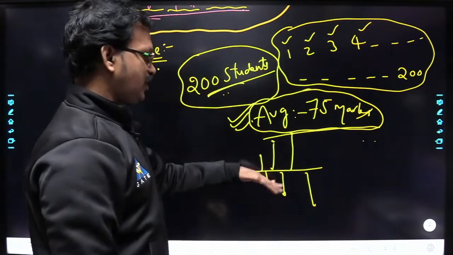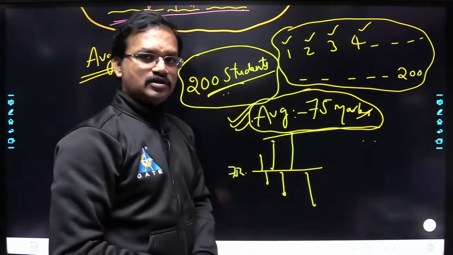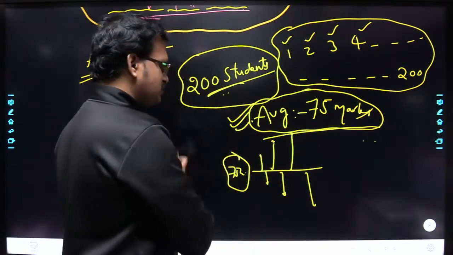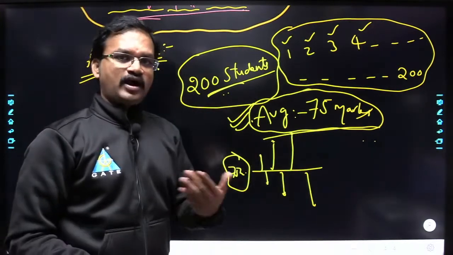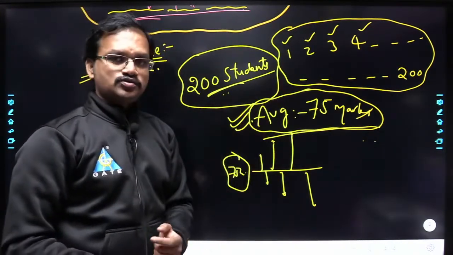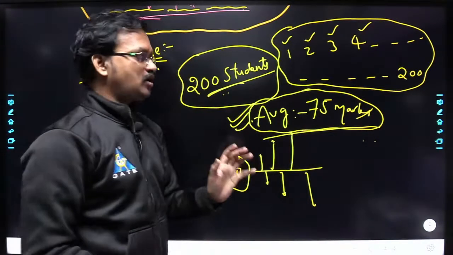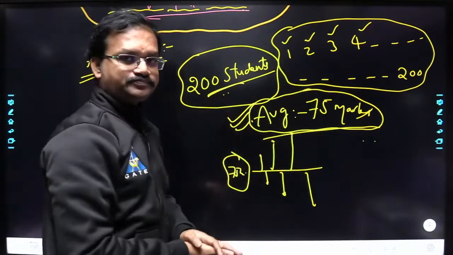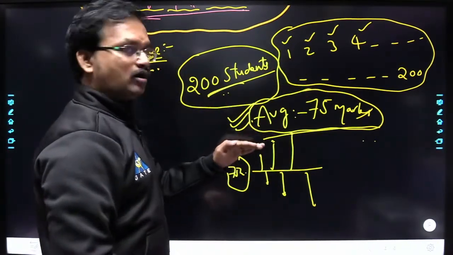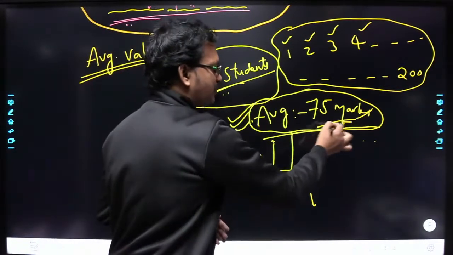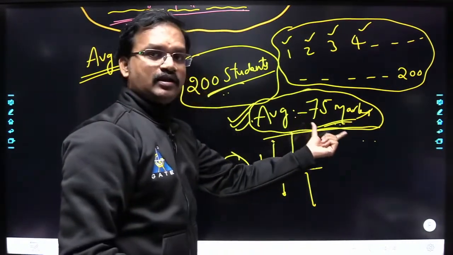So it is going to vary above average and below average, but overall this average marks is going to give you some brief idea about the performance of the students here. It is going to give some information about the whole data. So you can represent it with a single number.